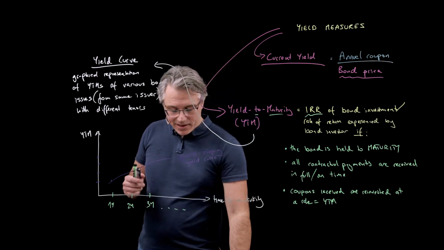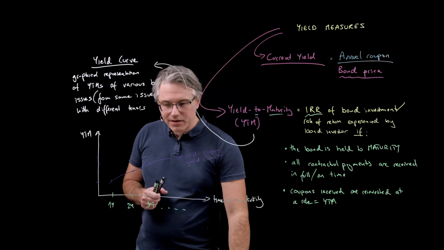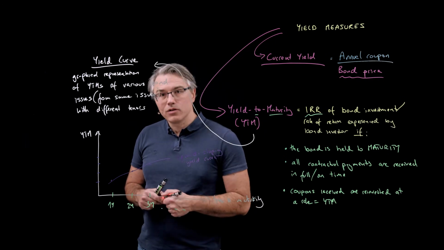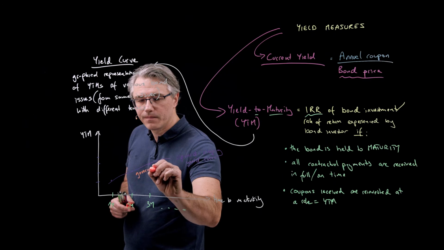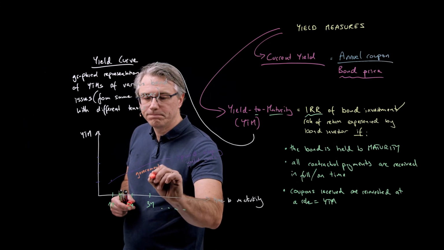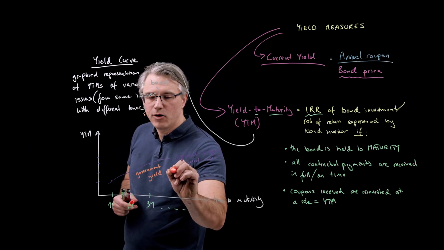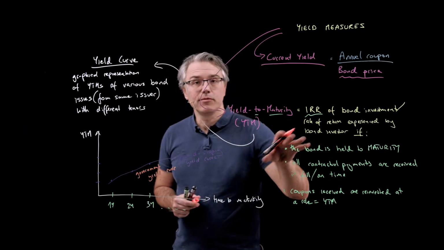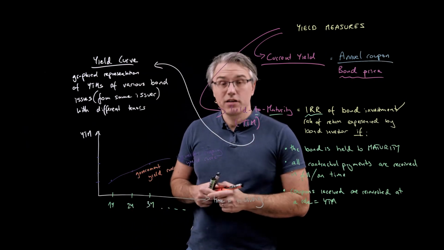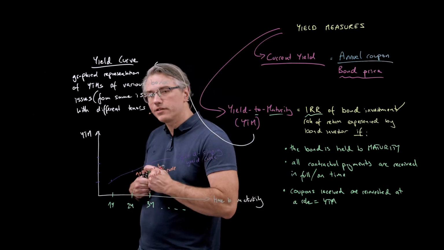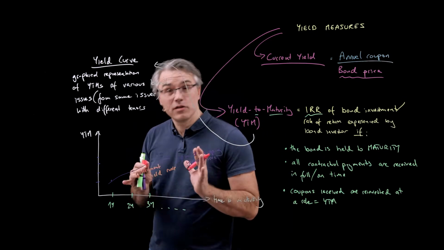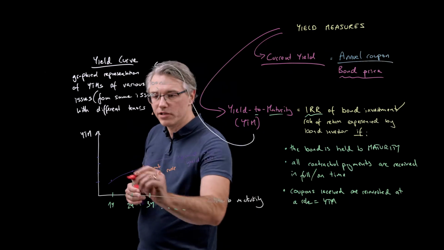And another point is that typically what you would plot is a government yield curve, obviously on the basis of YTM computations done with government bonds, but also you could plot a yield curve using bonds coming from a corporate issuer.